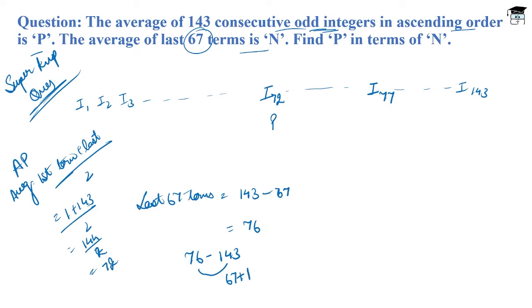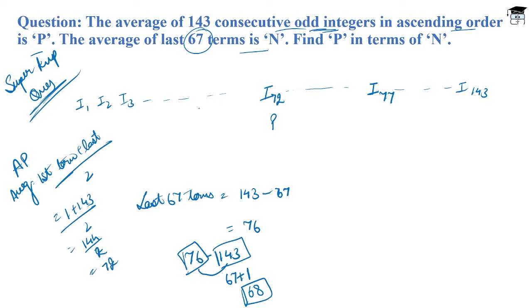You have to count 76 also, and you have to count 143 also. So the total is equal to 68. But the question says 67 terms. So we will start from 77.